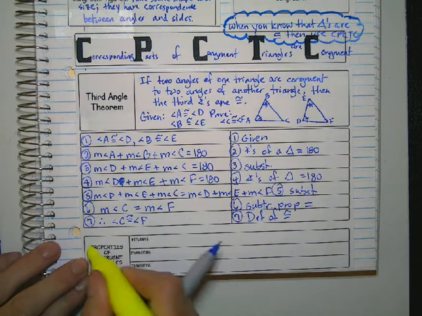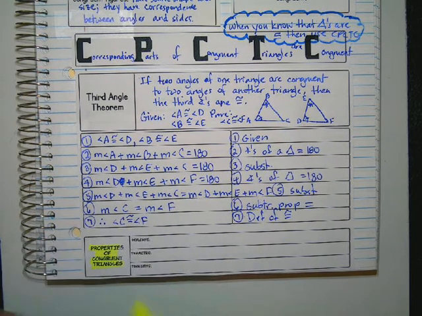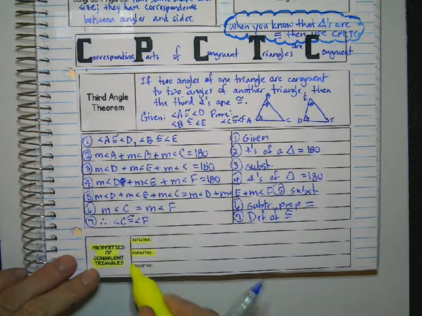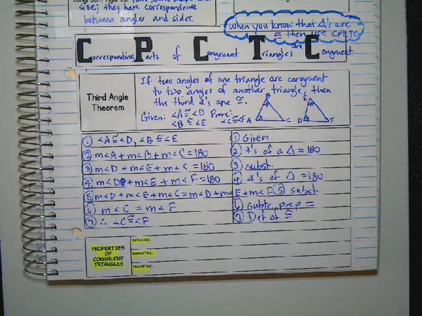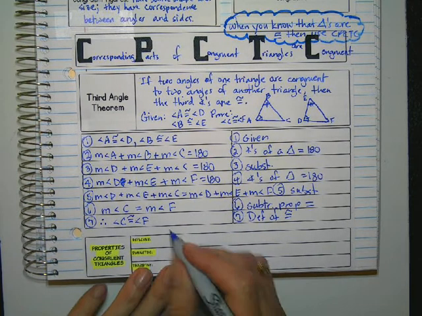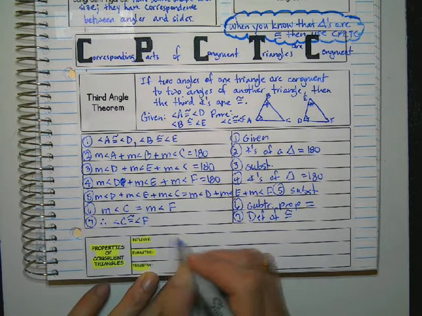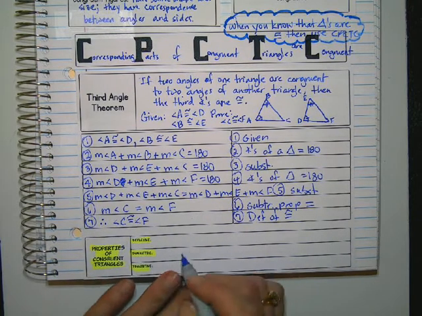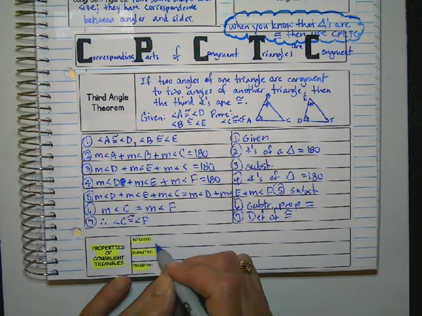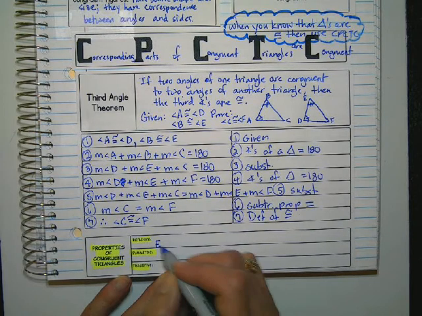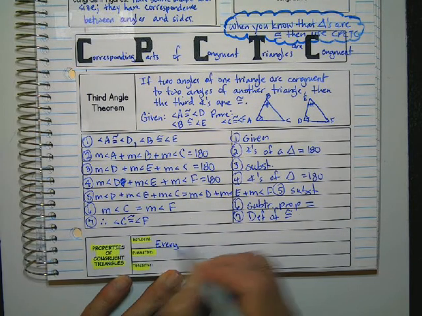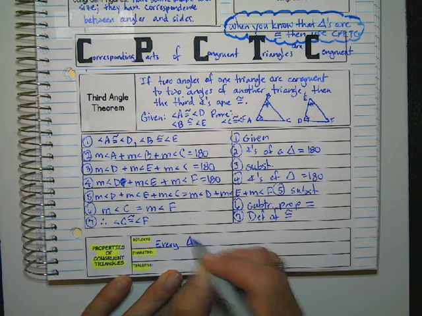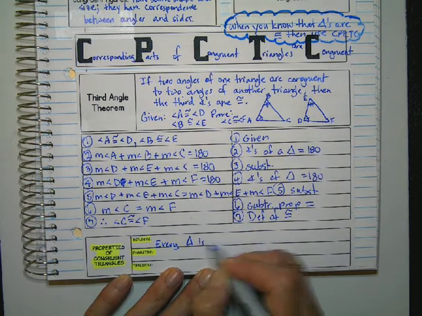First of all, the reflexive property says that every triangle is congruent to itself. That seems like a no-brainer. Remember, before it was like A equals A, B equals B, or maybe line segment AB equals line segment AB. Everything equals itself.